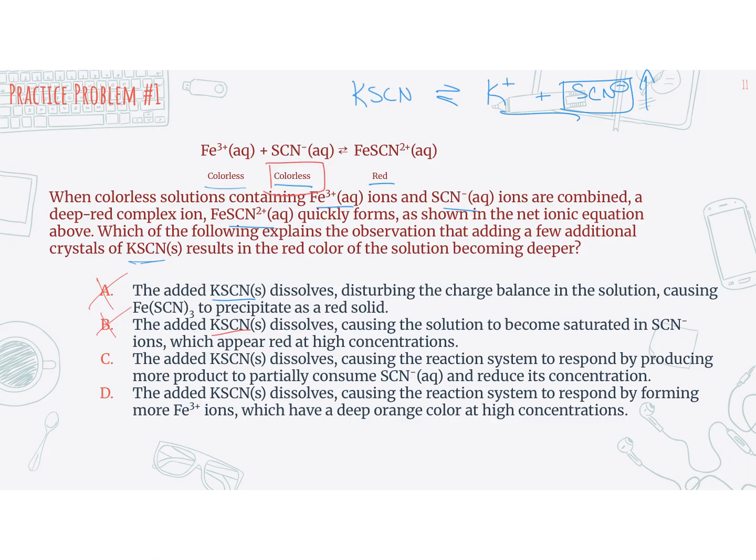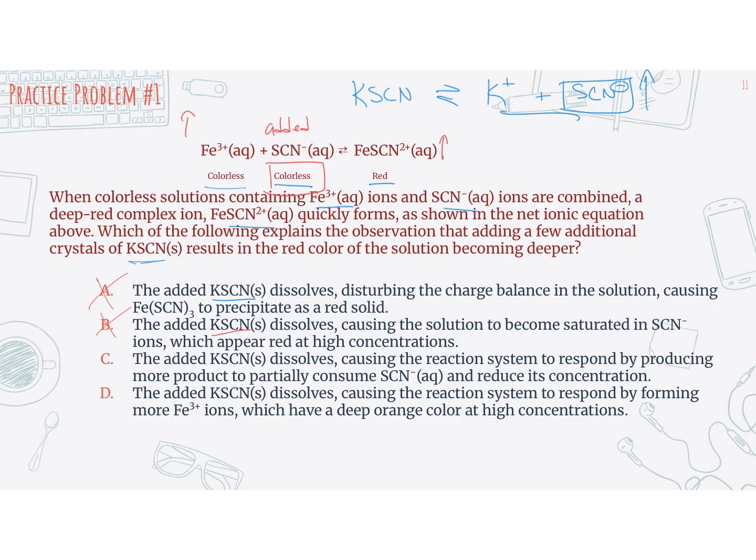We look at C, it says adding KSCN dissolves. It causes the reaction system to respond by producing more product to partially consume SCN minus and reduce its concentration. What we see is that we have added this, and if we add something to this side, we essentially need to raise the other side in order to compensate because we want to reestablish equilibrium.